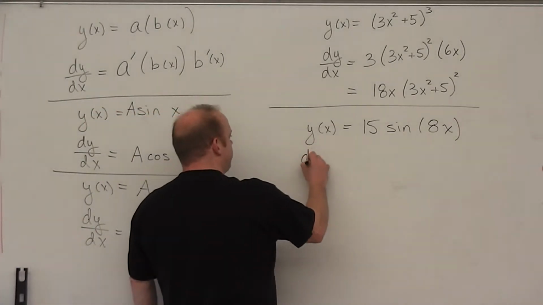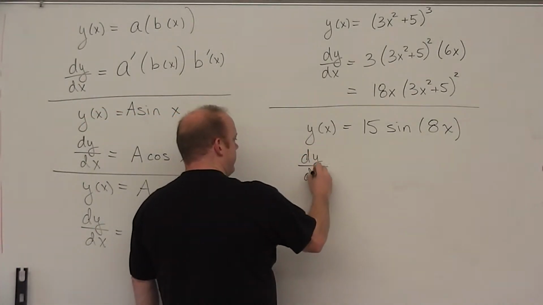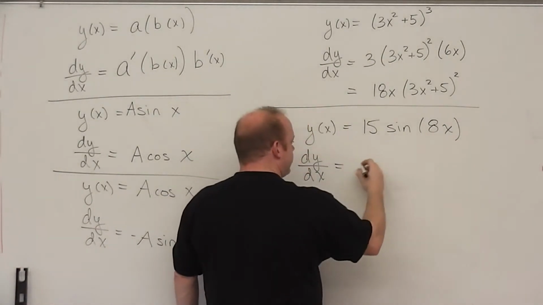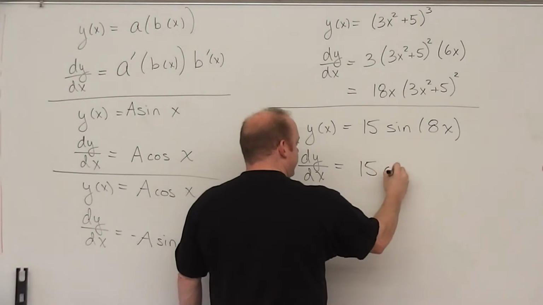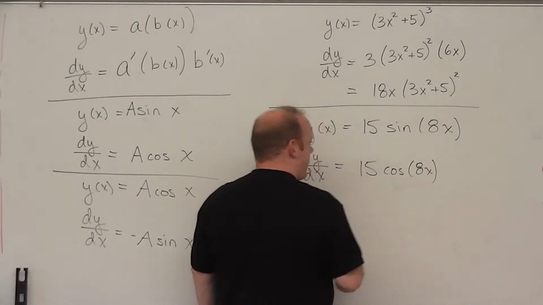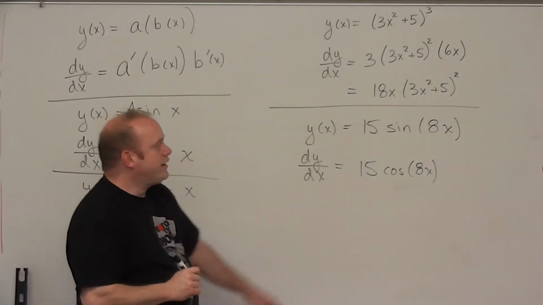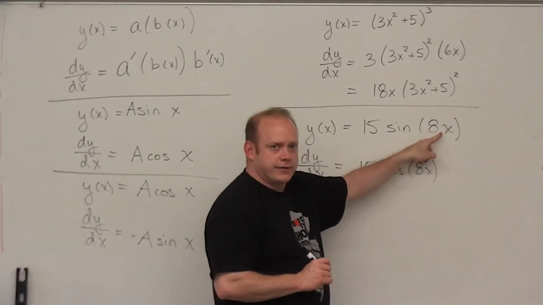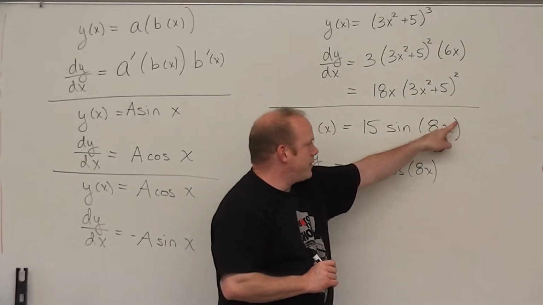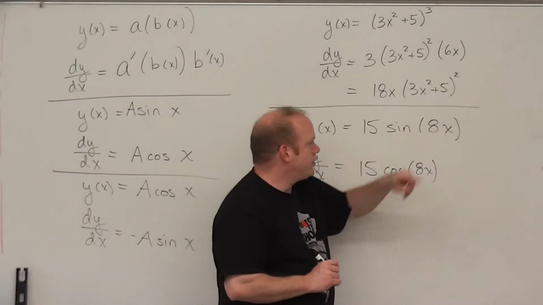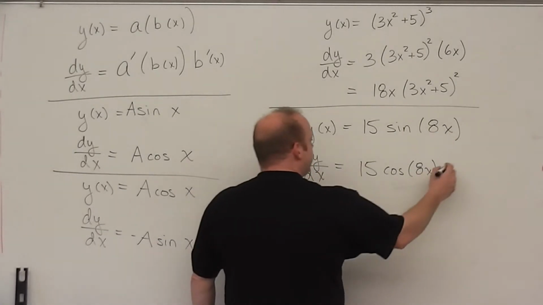dy/dx. We're going to take the derivative of 15 sine x. So that's going to be 15 cosine of the function, which is 8x, times the derivative of this. What's the derivative of 8x? n is equal to 1 here, so it's 1 times 8, with the one lower power being 0.